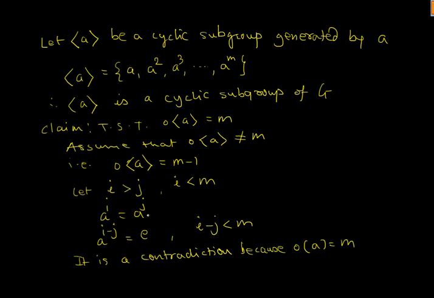And therefore, our assumption that the order of a is not equal to m is wrong. So what will be the correct assumption? The correct assumption is that the order of this cyclic subgroup is equal to m.